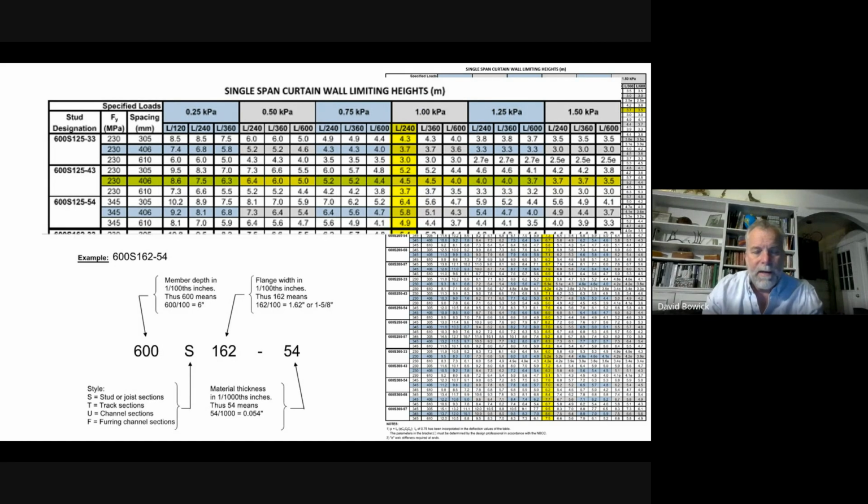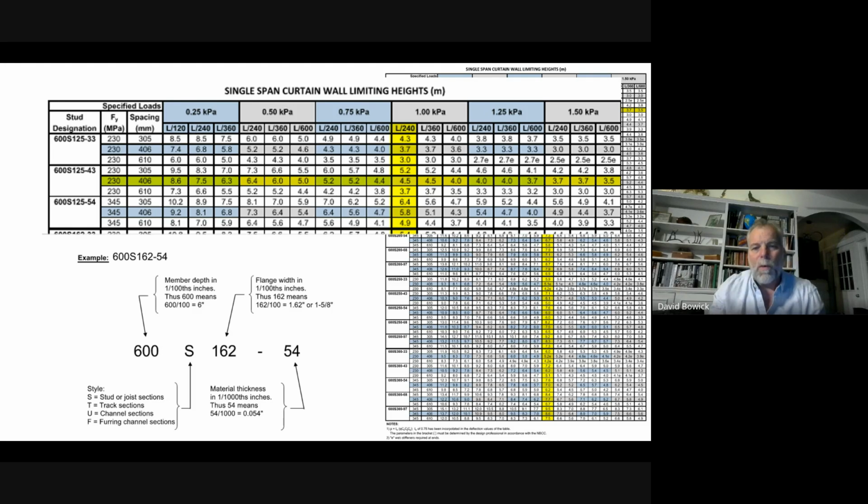Let me zoom in here a little bit. And then here, in the bottom left, shows you how to read this. So the first number in our designation, now every manufacturer is going to have their own designation, by the way. So this is Bailey. Somebody else is going to have a slightly different designation, but they're all going to carry the same information. There is a number that says the depth. So with Bailey, 600 being 6 inches. There is a letter designation that tells you if it's a stud or a track.